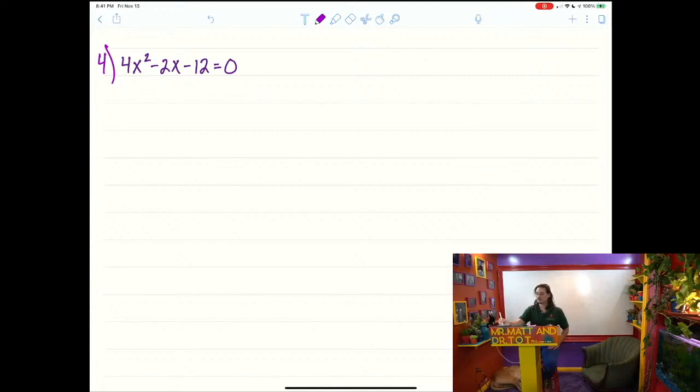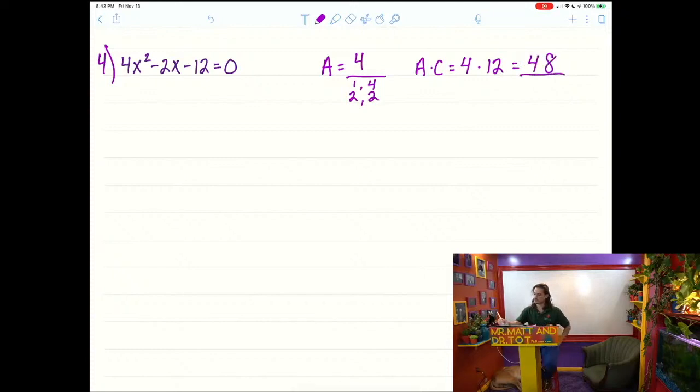The factors of 48 are 1 and 48, 2 and 24, 3 and 16, 6 and 8. I don't think 4 is divisible. No, yeah it is, 4 times 12. Then we'd have 6 times 8. And we need to add together to get -2, so that looks like 6 and 8.